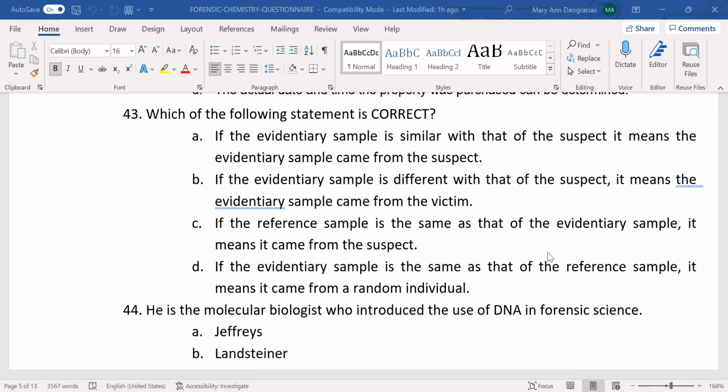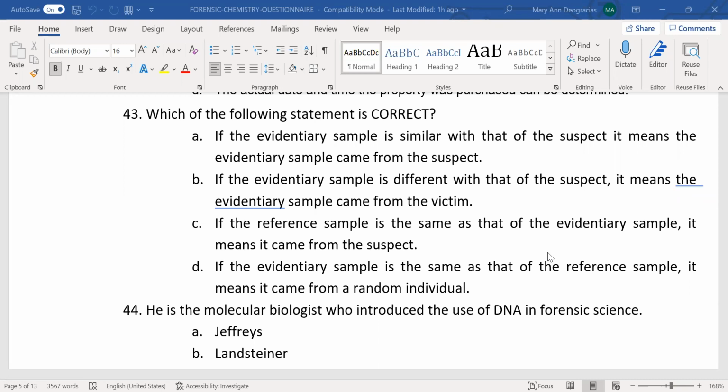Letter C, if the reference sample is the same as that of the evidentiary sample, it means it came from the suspect. Yung reference sample, di naman sinabing galing kay suspect eh. So, vague pa rin yung statement letter C. Letter D, if the evidentiary sample is the same as that of the reference sample, it means it came from a random individual. So, hindi natin alam kung kanino galing yung evidentiary sample.